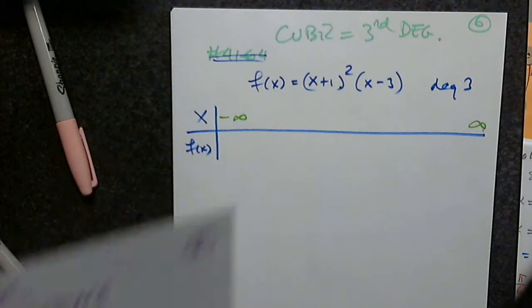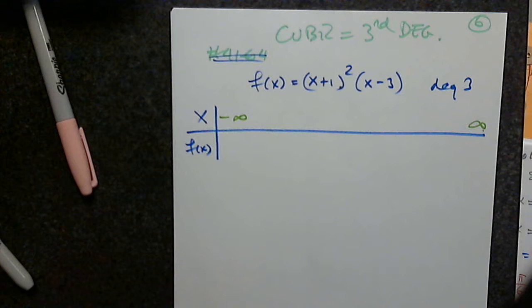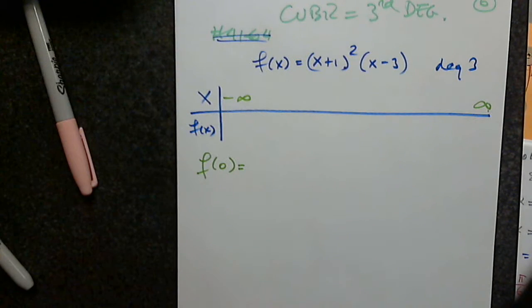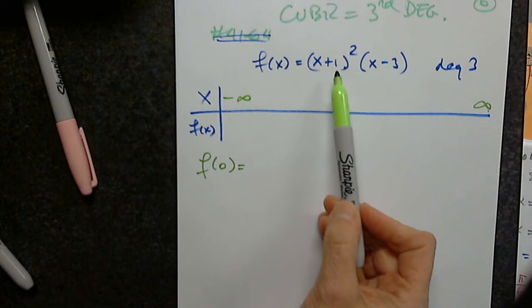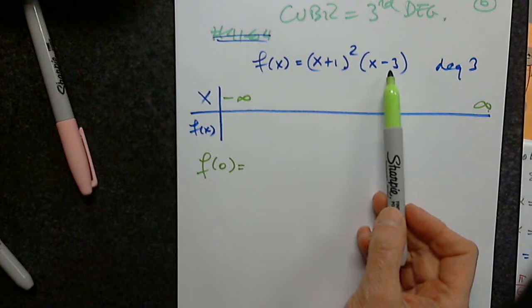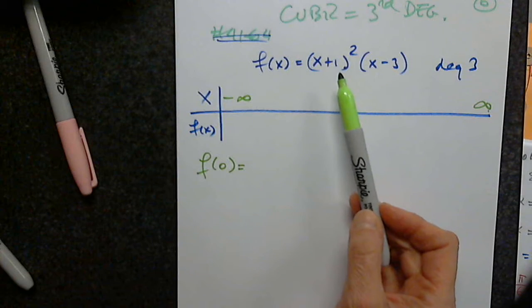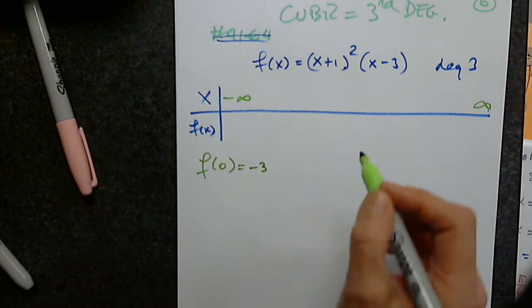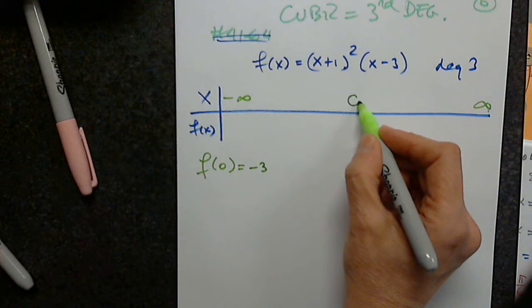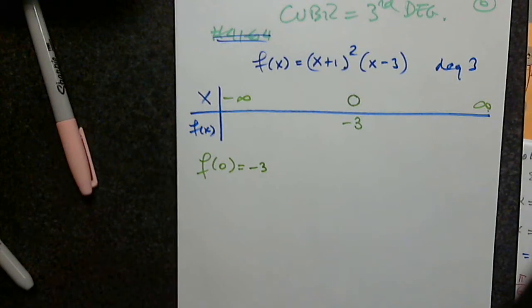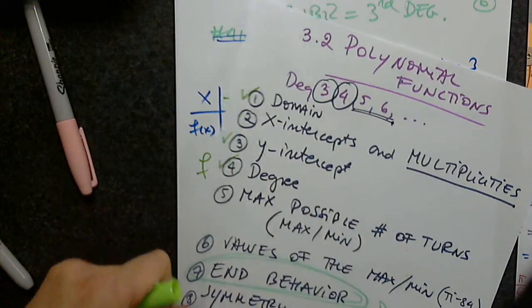How do I find the Y-intercept for any function? Exactly. I find f of 0. Let's do it together. 0 plus 1, 1 squared. 0 minus 3. Negative 3 times 1. What is the ordered pair? So we're done with the Y-intercept.